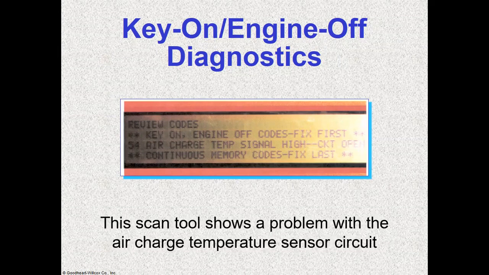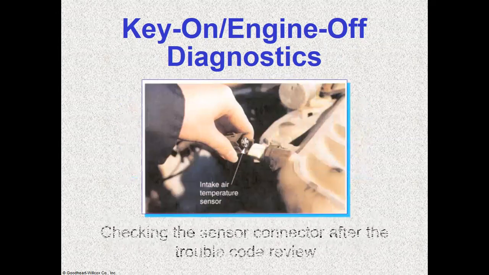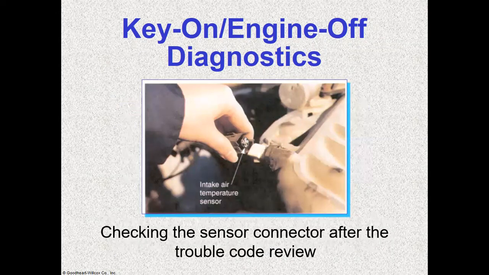This scan tool shows a problem with the charge temperature sensor circuit, right? So after the trouble code is reviewed, we check the sensor connector to make sure we don't have corrosion or moisture in the connector itself that could interfere with the signal the sensor is sending to the computer.